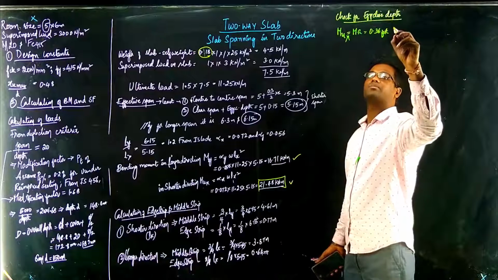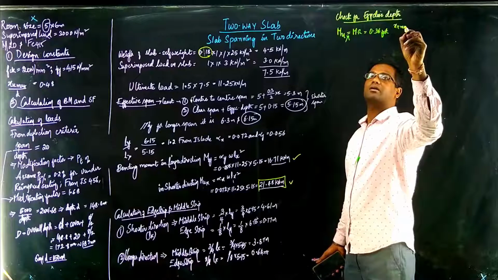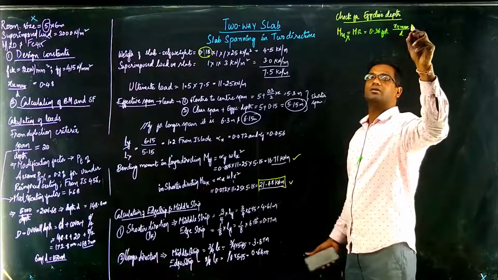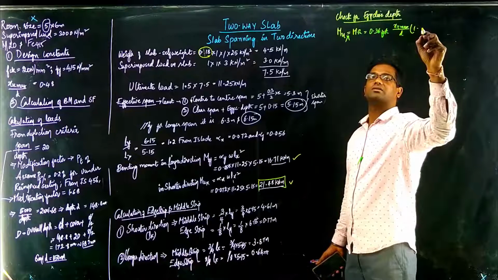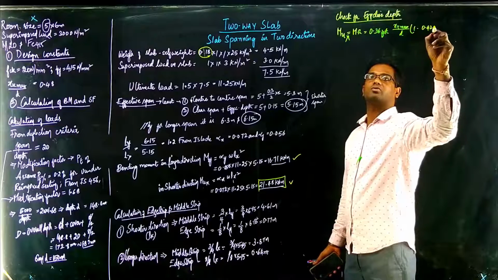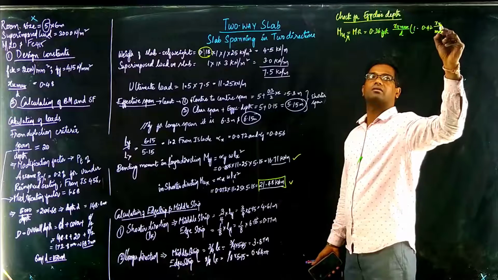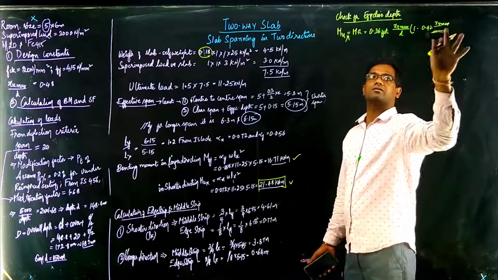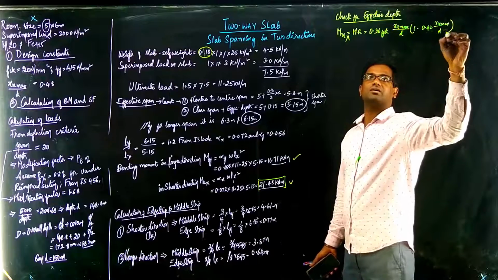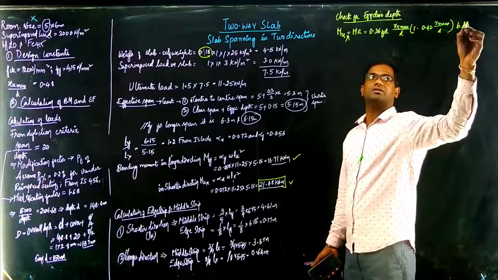0.36 fck xu max by d into 1 minus 0.42 xu max by d into b d square.